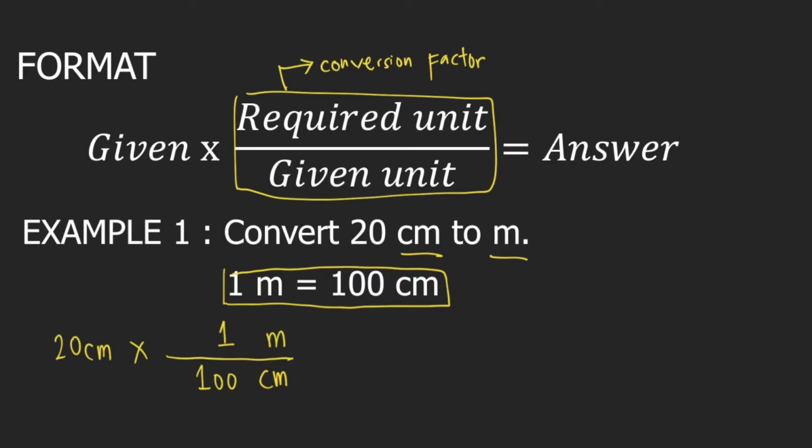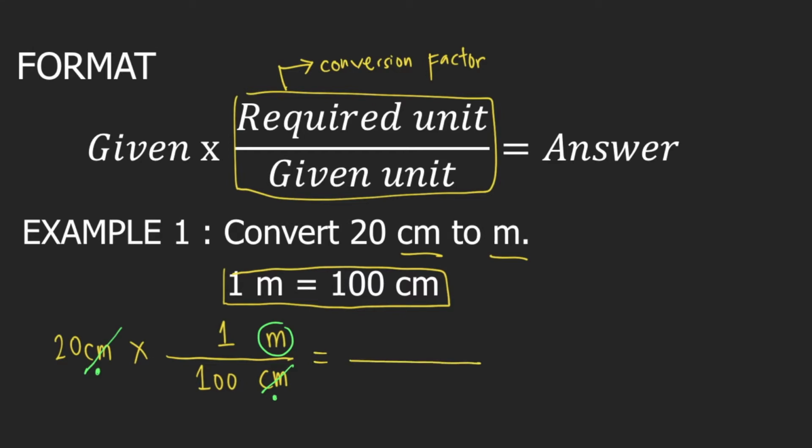As you can see, centimeters here is on top and centimeters here is on the bottom. When two units are on opposite sides, they cancel out. So centimeters will cancel and we are left with the unit meters.